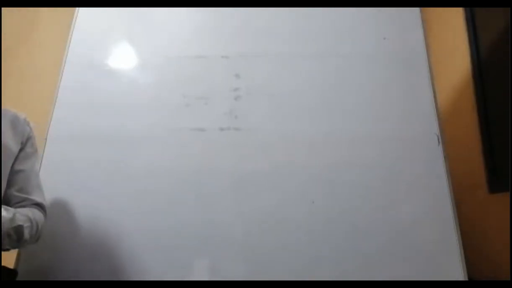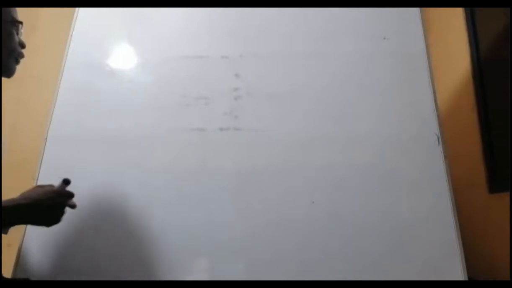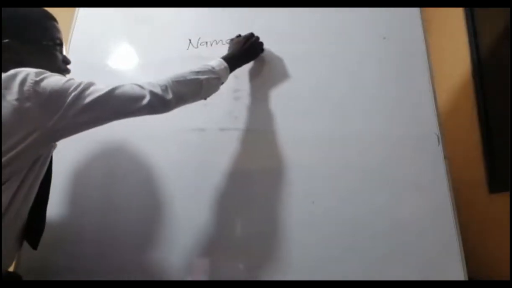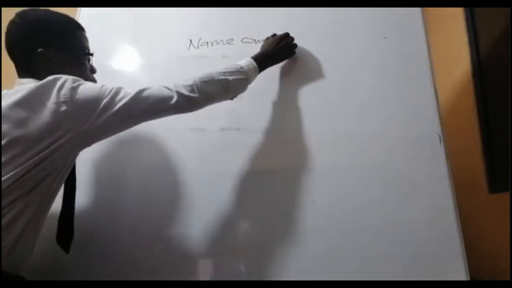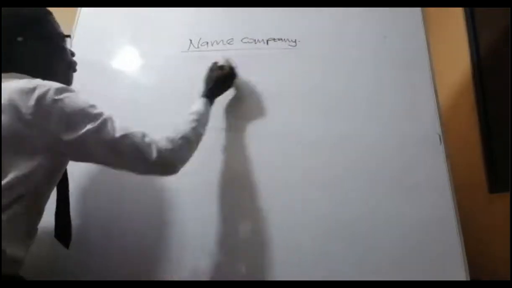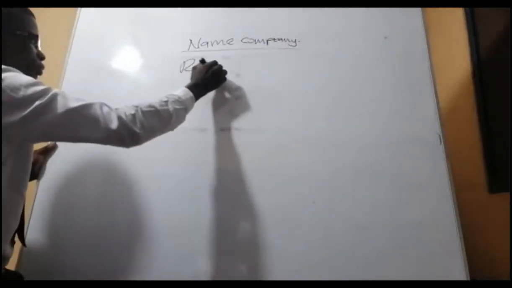Now the three protocols over here are very important. Before you tackle every question, these three protocols are very important. First, the name of the company: the name of the reporting company. Second, the requirement.